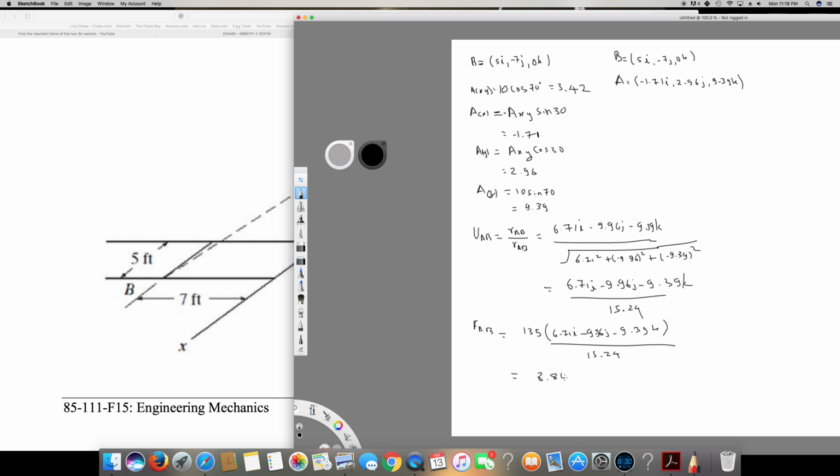So 8.86 multiplies everything: 6.71 minus 9.96J minus 9.39K.